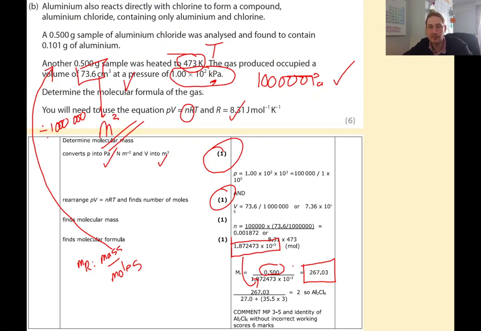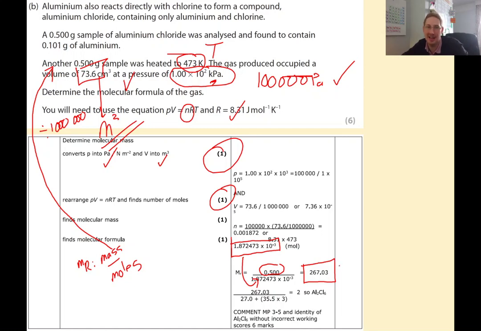Okay? Now, a couple of things to state here. Firstly, if you had made a mistake and forgot to divide your volume by 1,000,000 and you'd in fact divided it by 1,000 instead, in decimeters cubed, that would be out by a factor of 1,000 and it should be obviously wrong at that point.